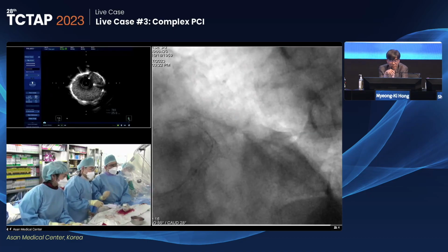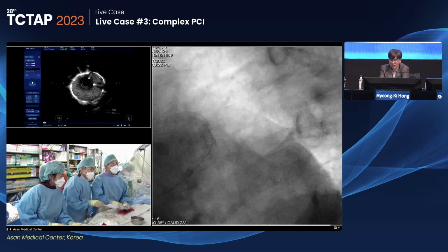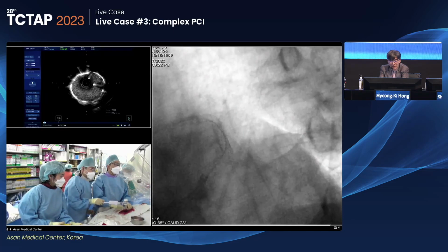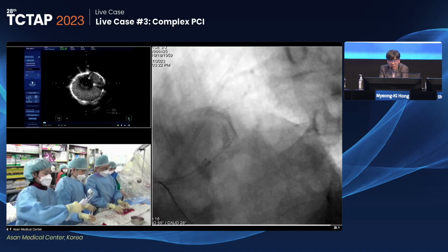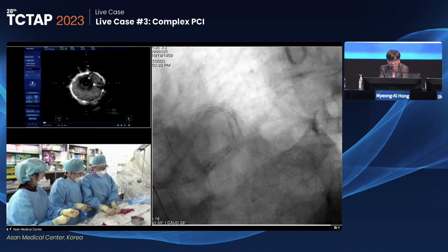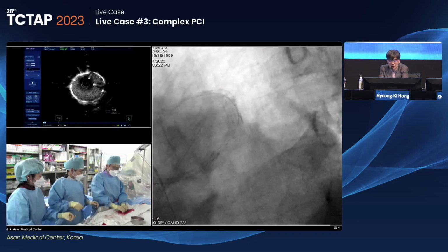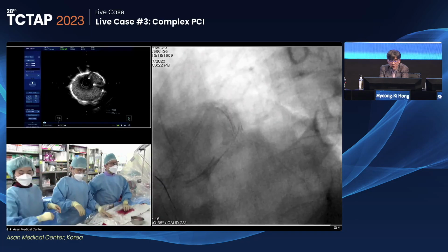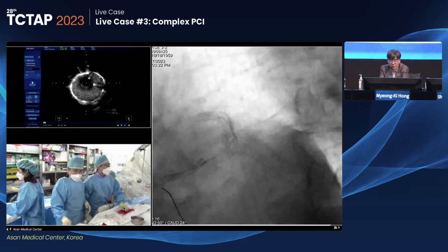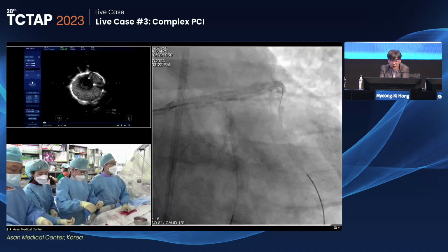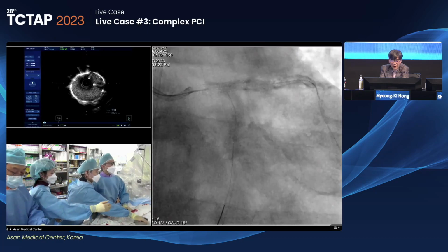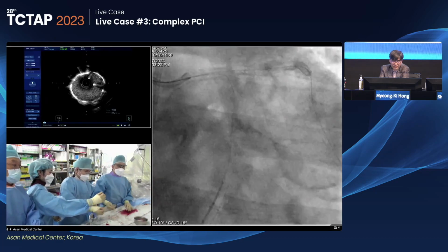The patient has the chest pain now because already. Could you show us another projection? Yeah, this is some shortening of the vessel. I want to see the whole circumflex artery territory. Yep, this is the array view.